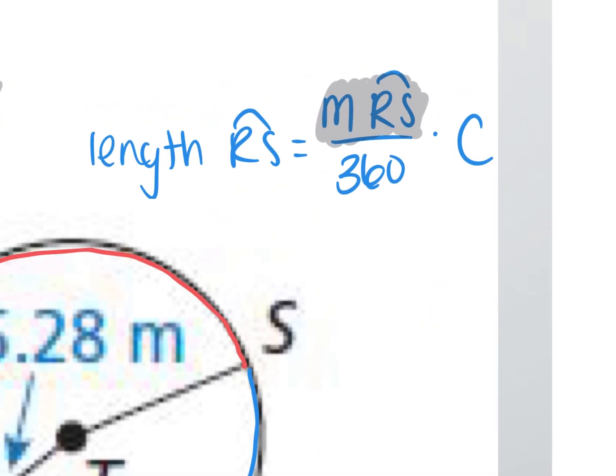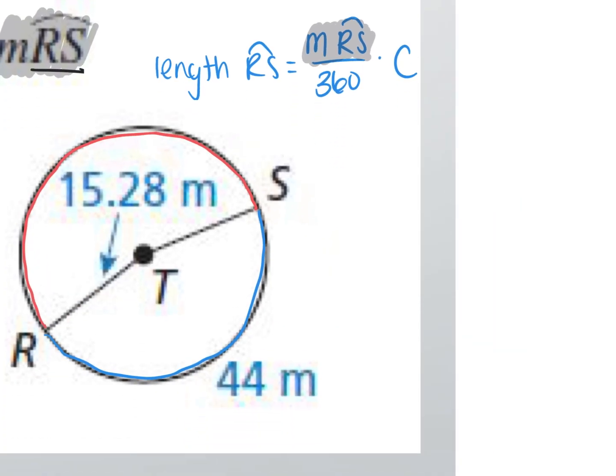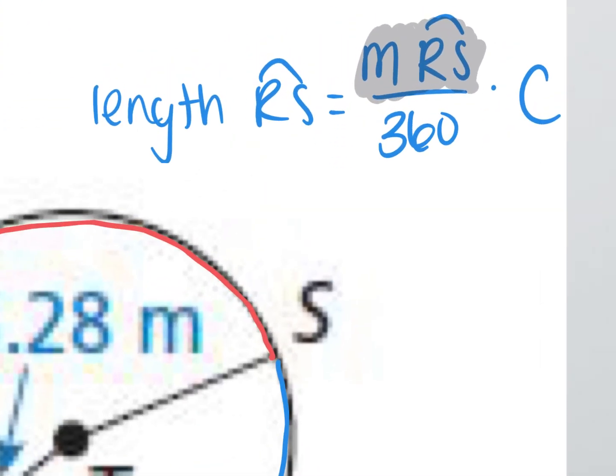Do we know the length of RS? What is it? 44. So let's plug that in. It's going to be 44 equals the measure of RS over 360 times, do we know the circumference?